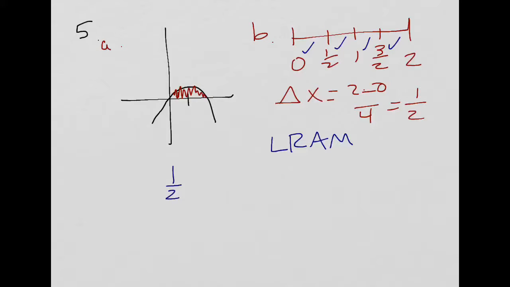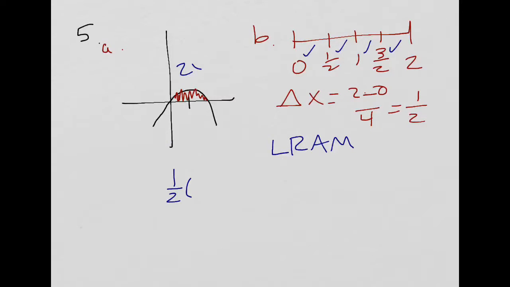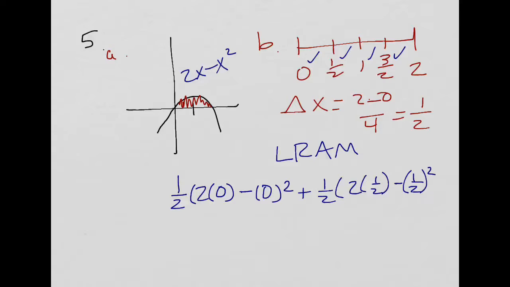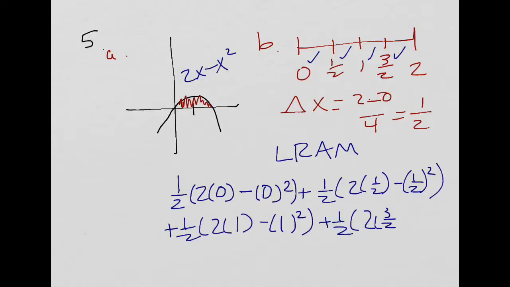So my equation was 2x minus x squared. So it'll be 2 times 0 minus 0 squared plus 1/2. 2 times 1/2 minus 1/2 squared plus 1/2. 2 times 1 minus 1 squared plus 1/2. 2 times 3/2 minus 3/2 squared.